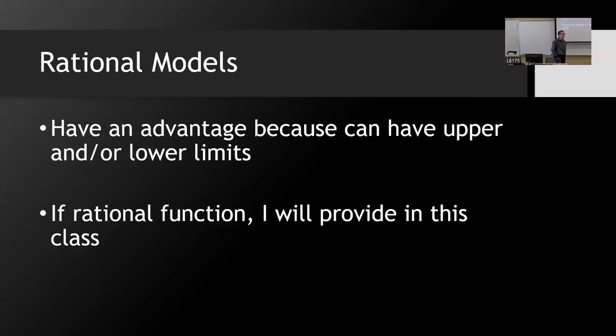Well, at a certain point, I can't give you 100% discount, right? So maybe I say, well, the lowest I'll let this go for is $20 a pallet, and that'll be my lower limit. And the most I'm going to charge anybody is $70 a pallet. So my price is between 70 and 20. Well, a rational model can accommodate that. It can start with a price of 70, go down to a price of 20.